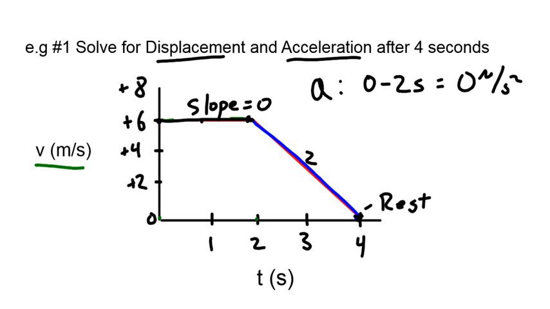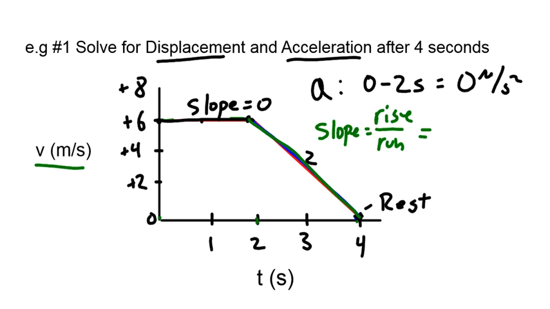Now, from 2 to 4 seconds, the graph is definitely slowing down. There's a deceleration. So we find the slope. Remember that the slope is equal to the rise over run, or delta y over delta x, y2 minus y1 over x2 minus x1.